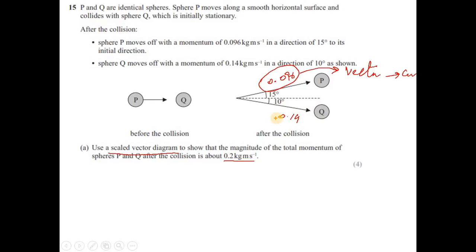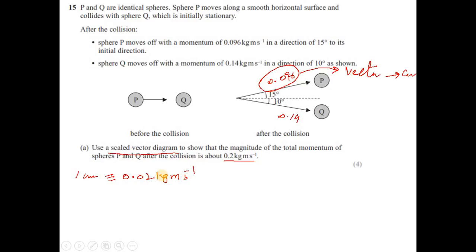So the first step is to choose a suitable scale so that you can draw an appropriate vector diagram. If you see the numbers 0.096 and 0.14, you can choose 1 centimeter to be identical to 0.02 kg m/s. This is our scale.